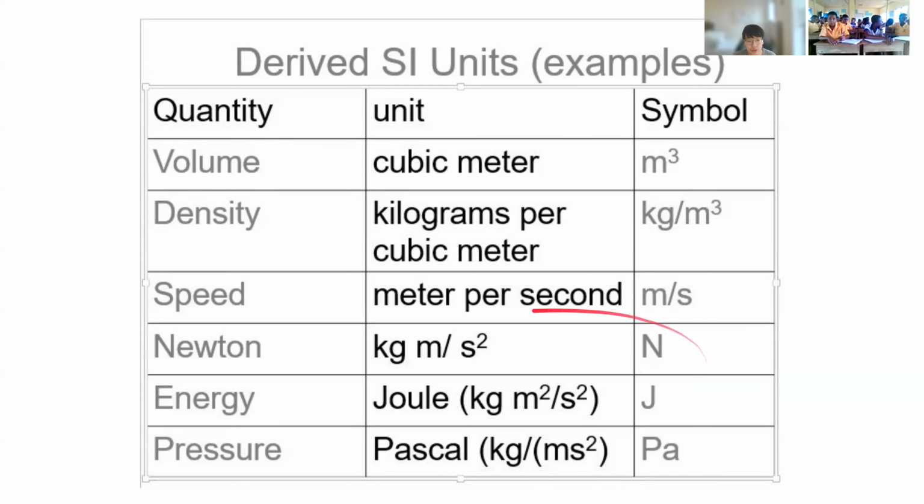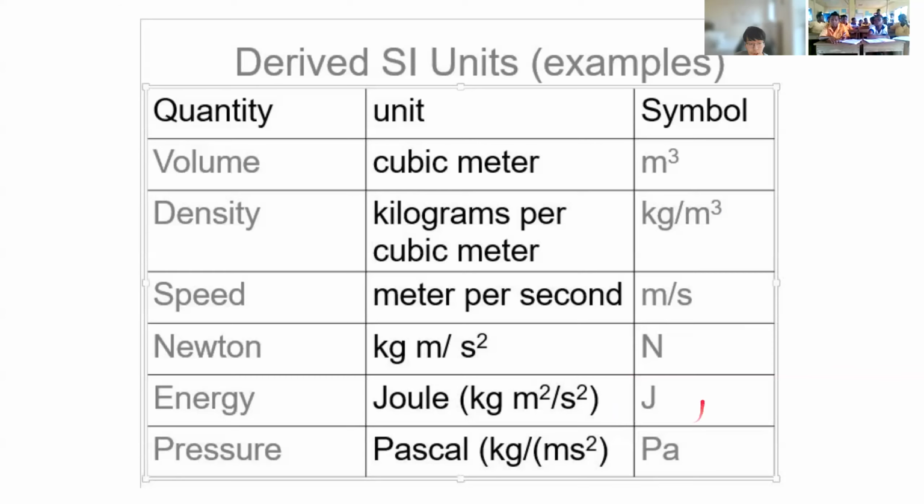Newton, which is kilogram meter per second squared, can also just be written N. But the components are kilogram meter per second squared, so do not be confused. Even if the symbol says N, this is not a basic unit. It's actually kilograms meter per second squared.